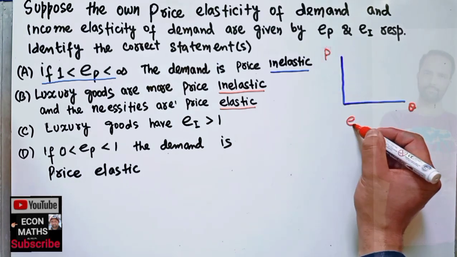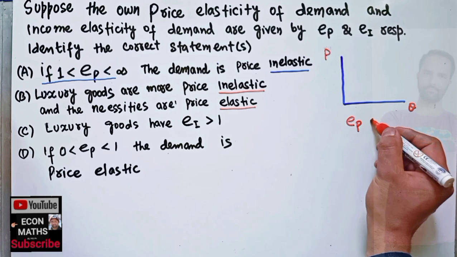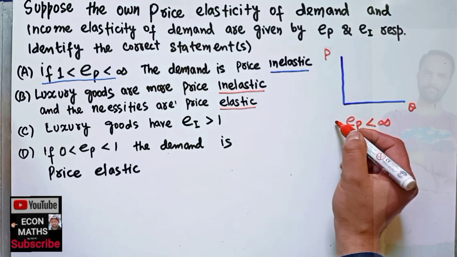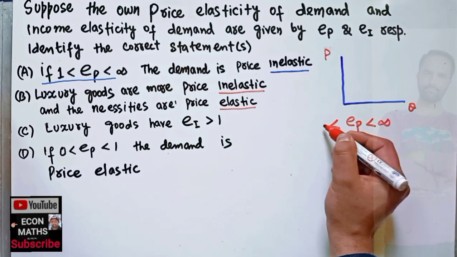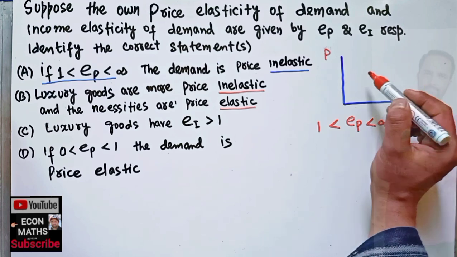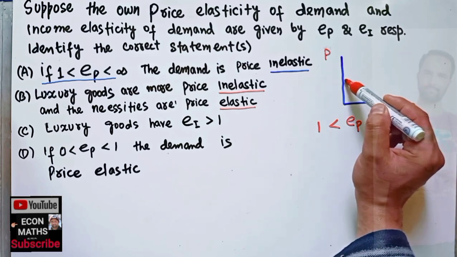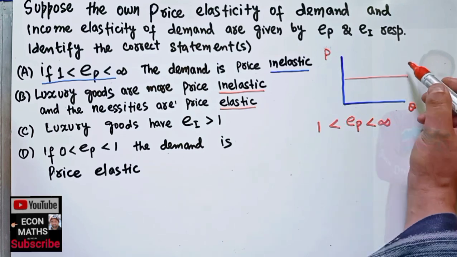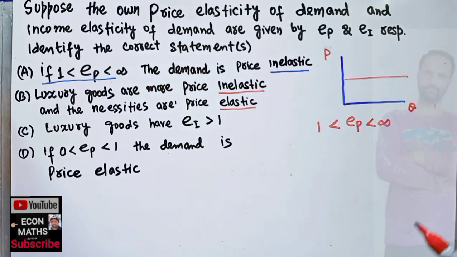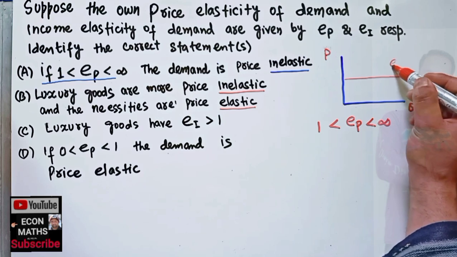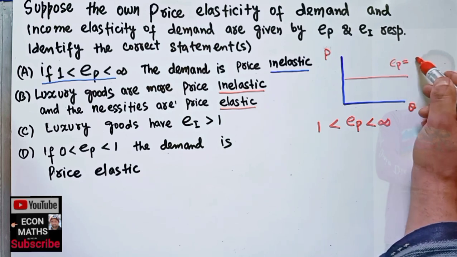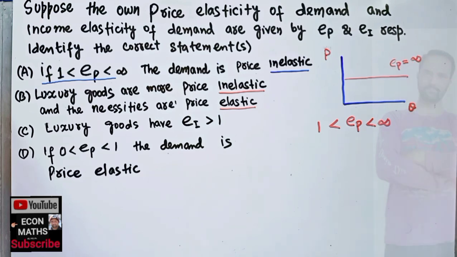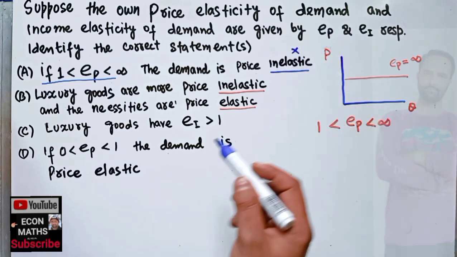When price elasticity of demand is less than infinity and greater than 1, we will have an elastic demand curve. When we have a straight line, we will have a perfectly elastic demand curve, where elasticity of demand is equal to infinity. So the first option is incorrect.